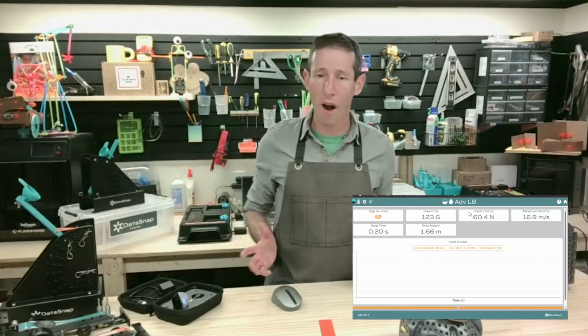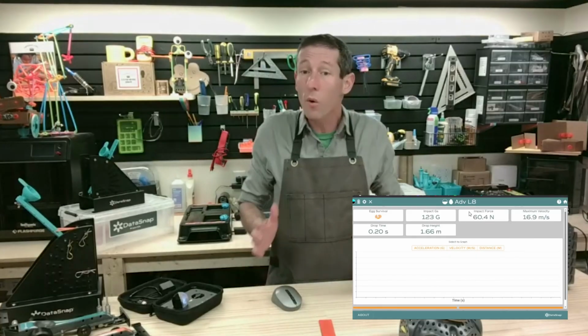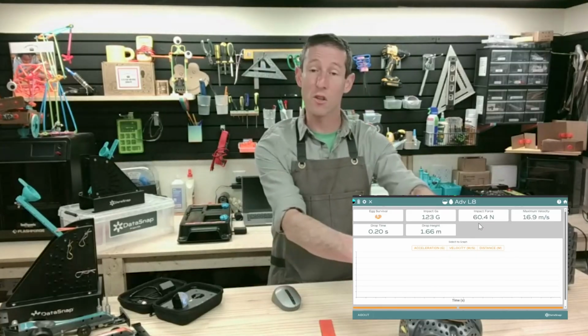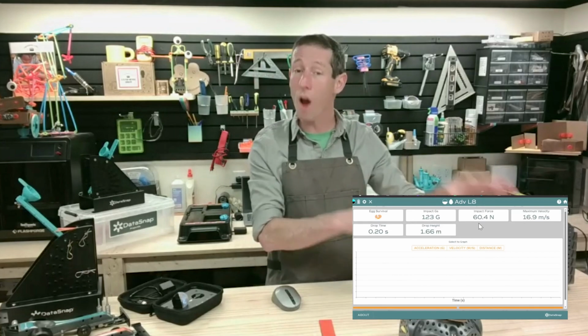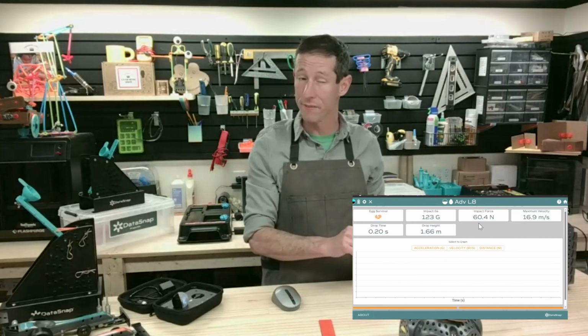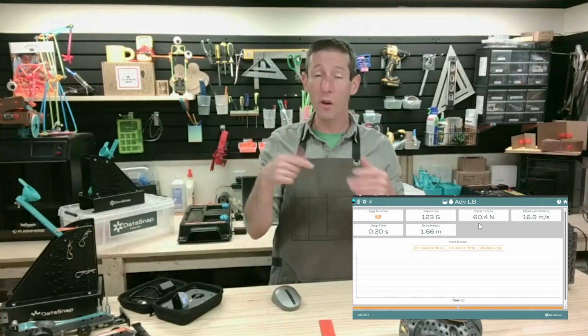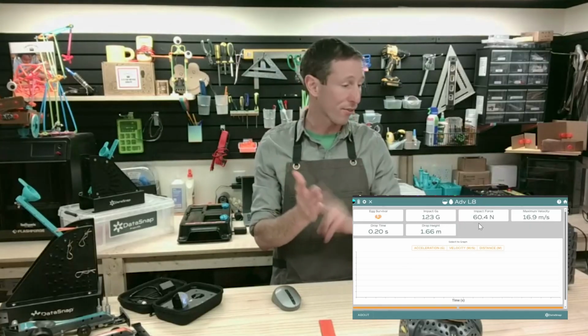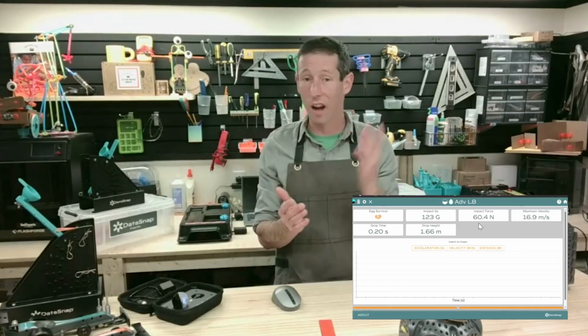If it's just a word problem, it means nothing in the real world to students. But now students see, as they change their design, these numbers begin to shift, which is building a real world context for these ideas of impact G's, force, velocity, acceleration, height, and so on and so forth.